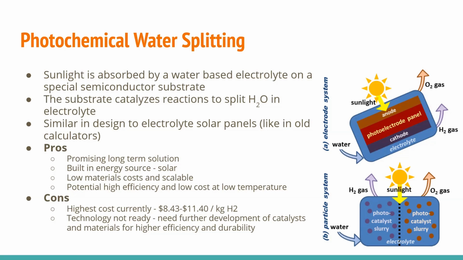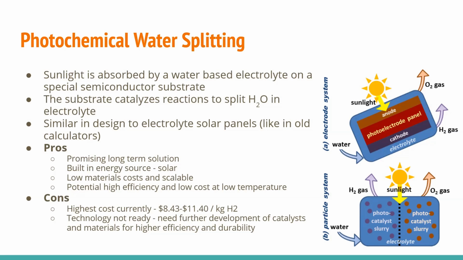And you put that out in the sun like a solar cell or like a solar panel. Energy will hit the electrolyte, the sunlight will be absorbed, and the substrate will catalyze reactions that split the hydrogen. And it's similar to solar panels like what used to be in calculators.